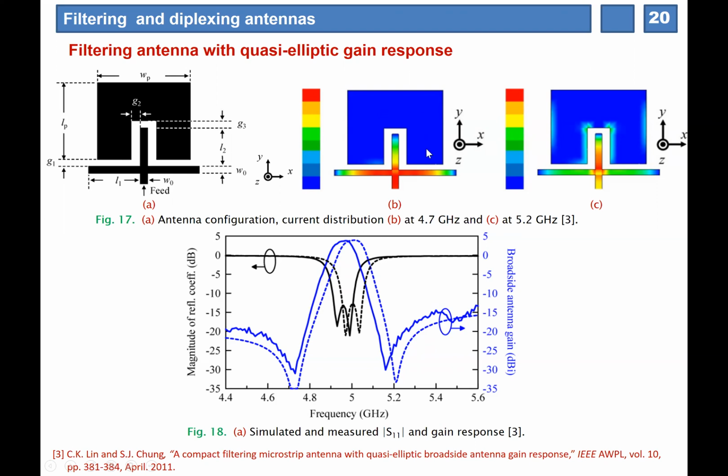Blue color shows minimum electric field, but you can see red on this feeding structure. That means the energy is absorbed by the feeding line's plus-shaped lines at 4.7 gigahertz as well as at 5.2 gigahertz. So at these two frequencies, the energy is not reaching the patch. So there will be no radiation.